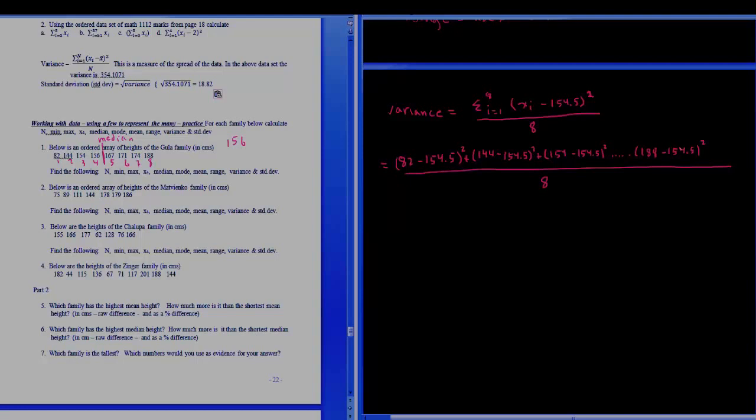So for each of these values, you're going to sum these up, then you're going to divide by 8, and I'll tell you what that value is in a second.